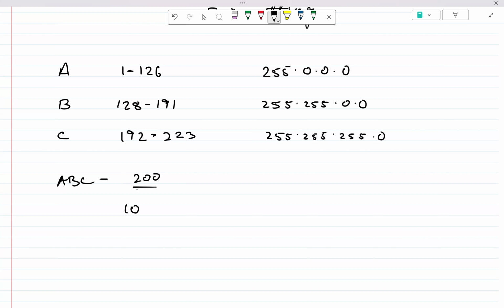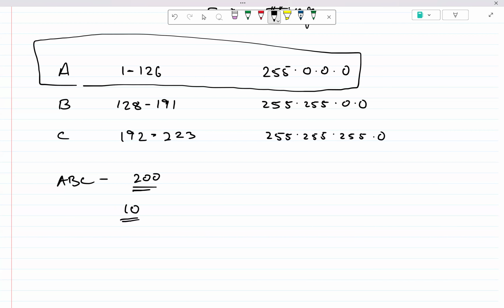Now, if I go with my original IPv4 schema, where the IP address should start with 10, obviously I will have to use a class A IP address. But with the default address mask, I cannot choose only 200 IP addresses.